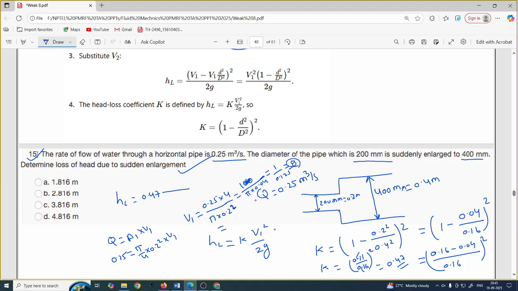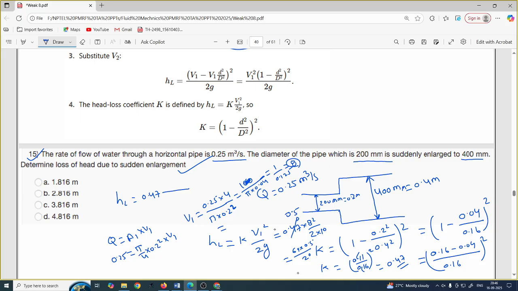Okay, so your 0.47 into 8 square divided by 2 into, we can take the 10 for the easy calculation, and we can consider this is 0.5 just for the easy calculation. So this will be the 20, and 64 into 0.5 divided by 20.